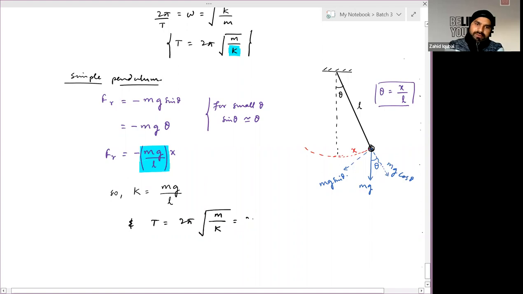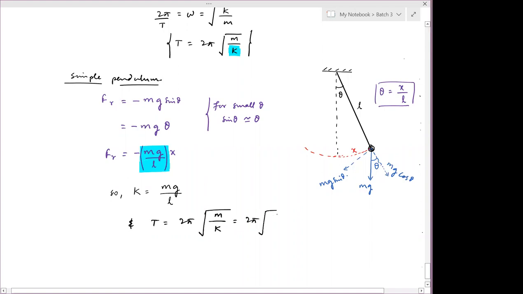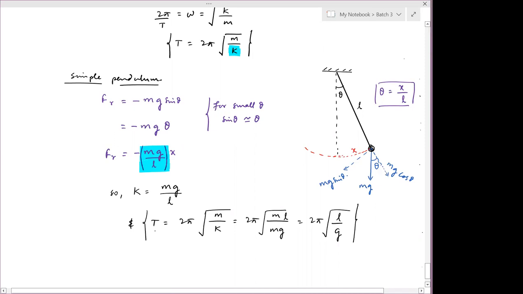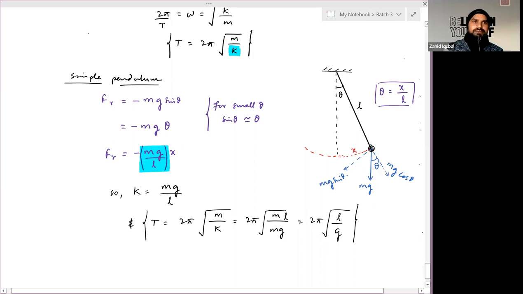On putting the value of k, m by k becomes m divided by mg over L. M and M cancel out, so you get 2 pi root under L by g. This is your final time period for the simple pendulum or oscillating bob. Aisha, any doubt? No, sir. Just write it down.